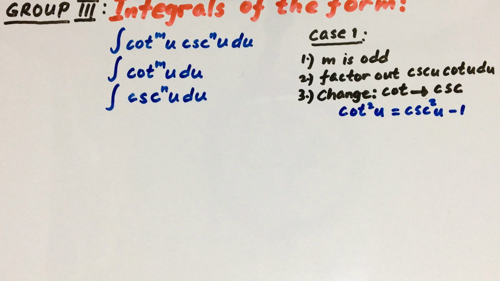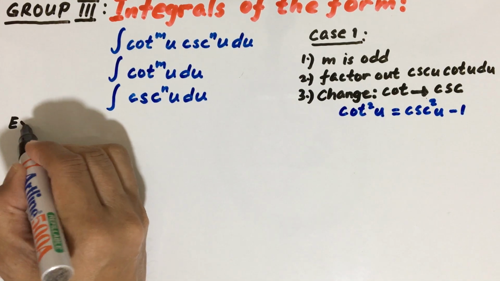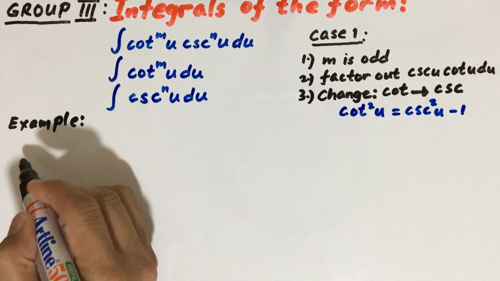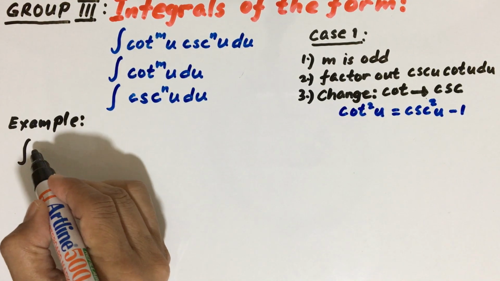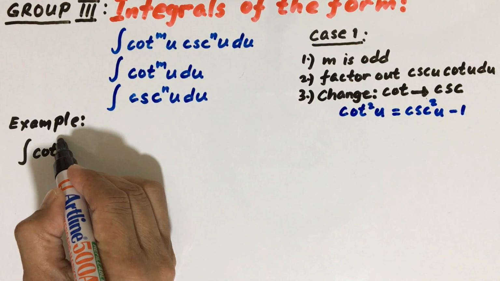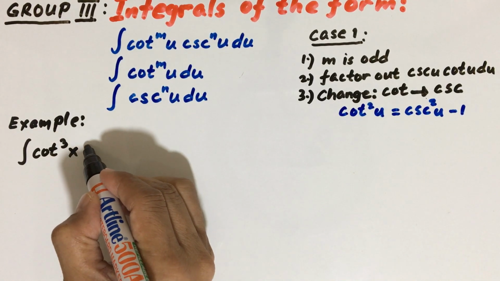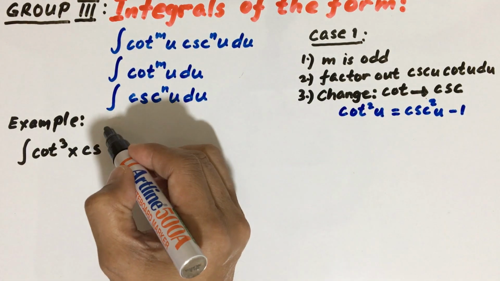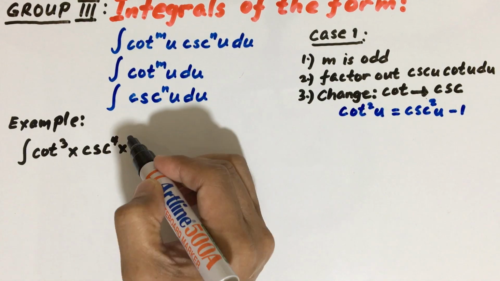Okay, so for example, say you're given the integral of cotangent cubed x multiplied by cosecant to the 4th x dx.